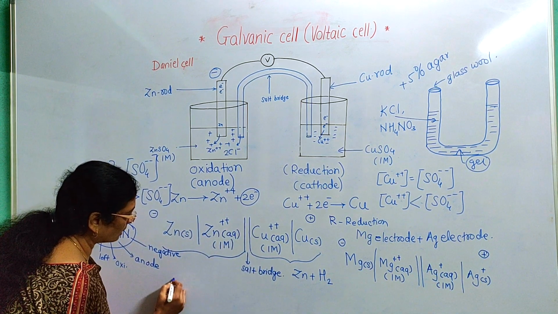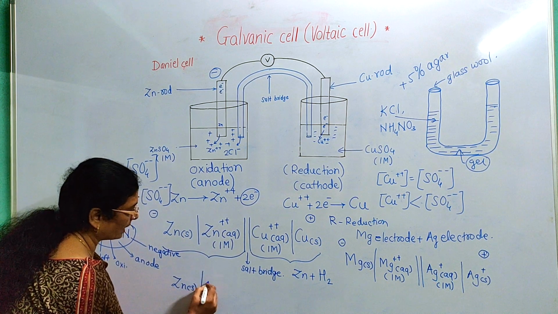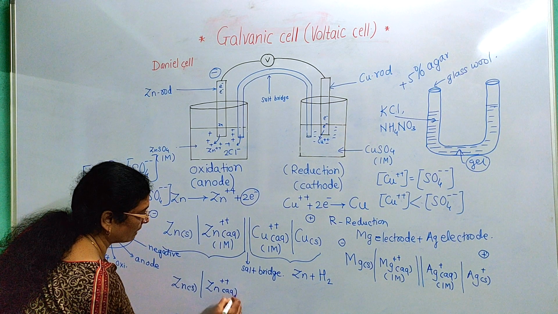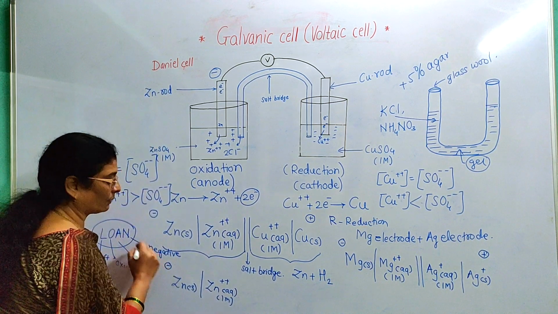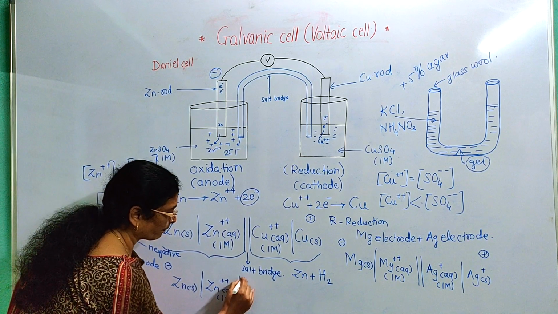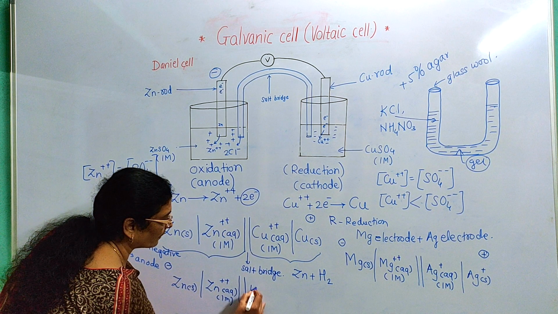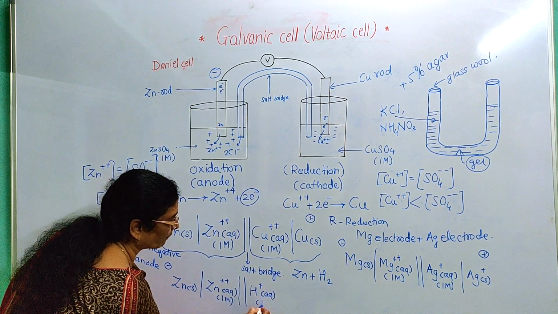At the zinc electrode oxidation takes place, so the zinc electrode is written on the left hand side, Zn, Zn++ ions, the same representation as before. This works as the negative electrode. Double vertical line. Now in the hydrogen gas electrode, which ions are there? H plus ions, aqueous, 1 molar.